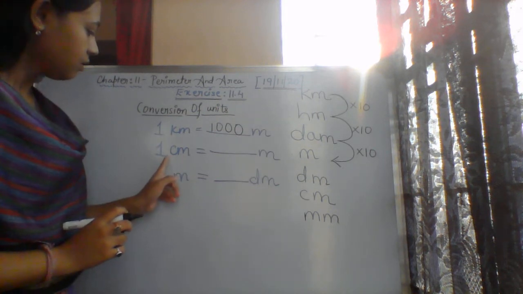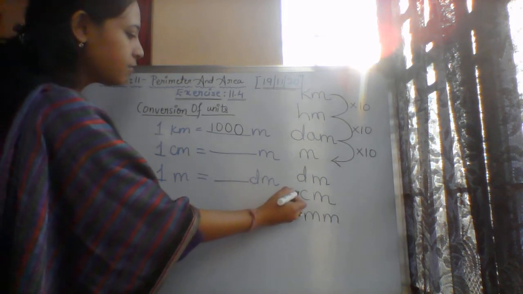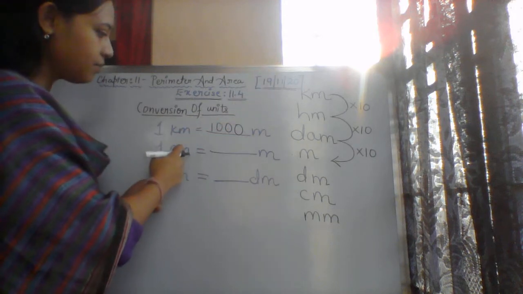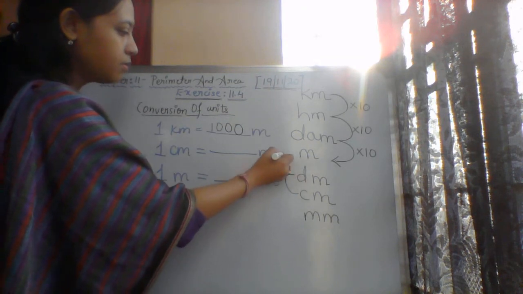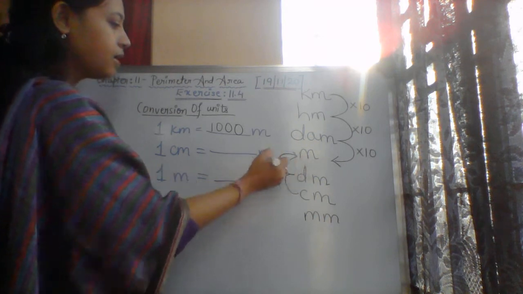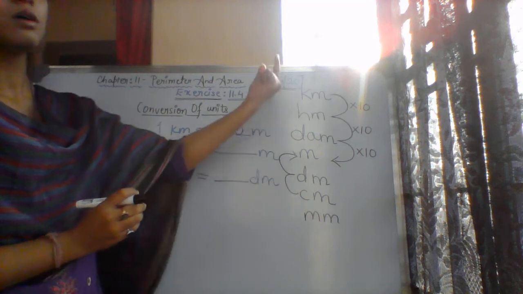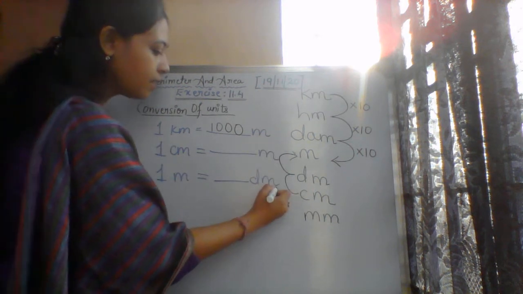Okay. Now, I hope you understand this. Now, 1 centimeter equals how much meter? Centimeter to meter I have to go. Just the opposite trend. In 2 jumps. But we are now going from a smaller unit to a bigger unit. So divide by 10.